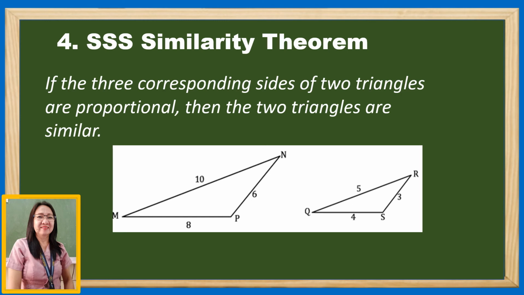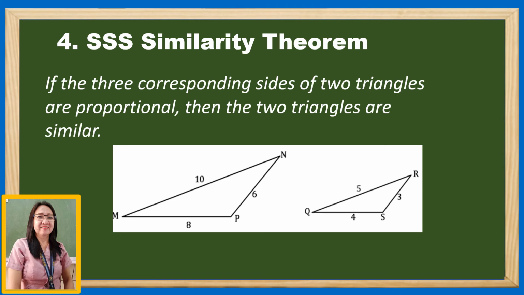Similarly, MP measures 8 units, and the corresponding side is QS with 4 units. So the ratio between the sides is 8 to 4, also simplified to 2 to 1. At the same time, we have side NP, which has a length of 6, and it corresponds to side RS with a length of 3 units.